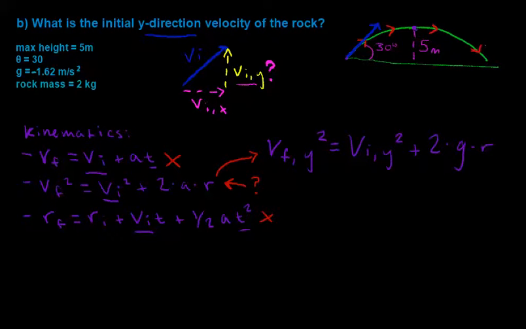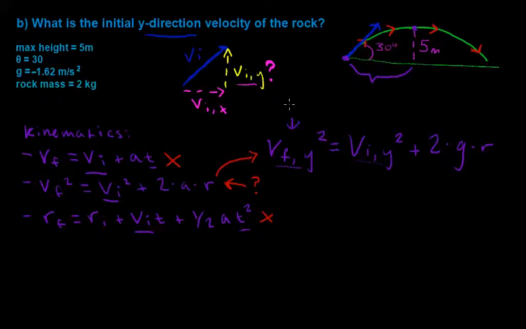So if we just consider this first section of the rock's trajectory, we have this initial velocity in the y direction right here that we are looking for, and the final velocity in the y direction up until this point where you stop moving upward and you start moving downward, and in that instance the final velocity in the y direction must equal 0 meters per second.